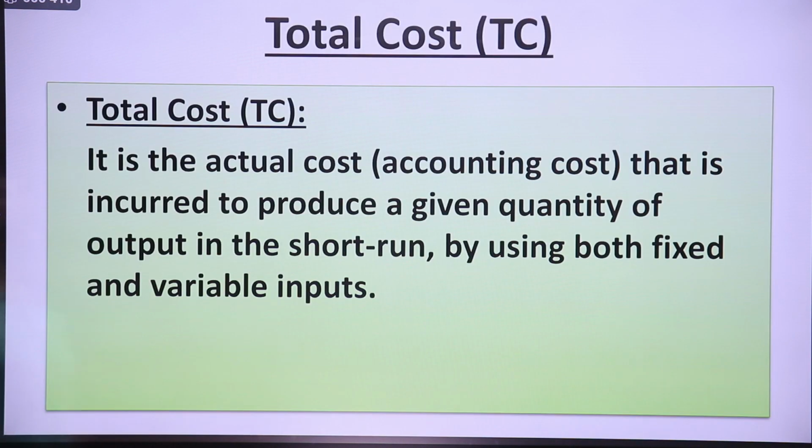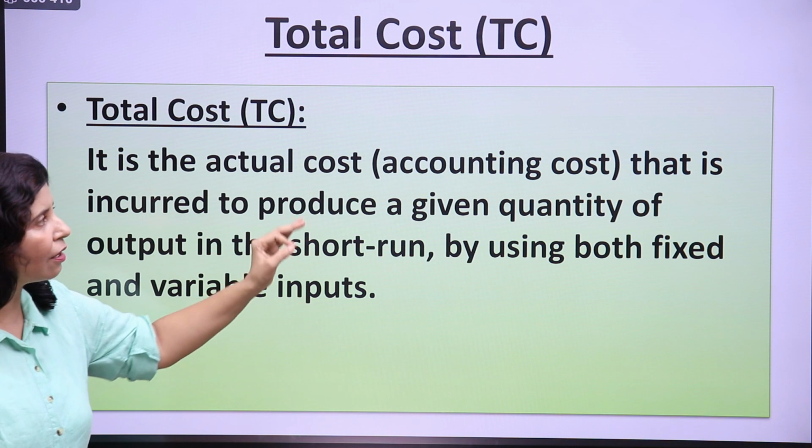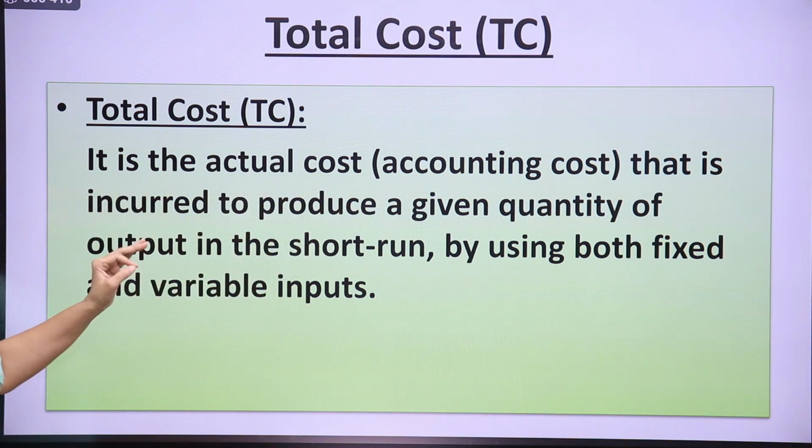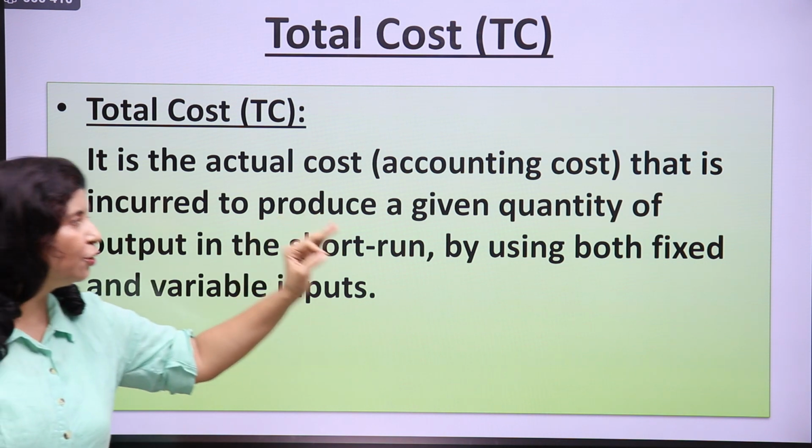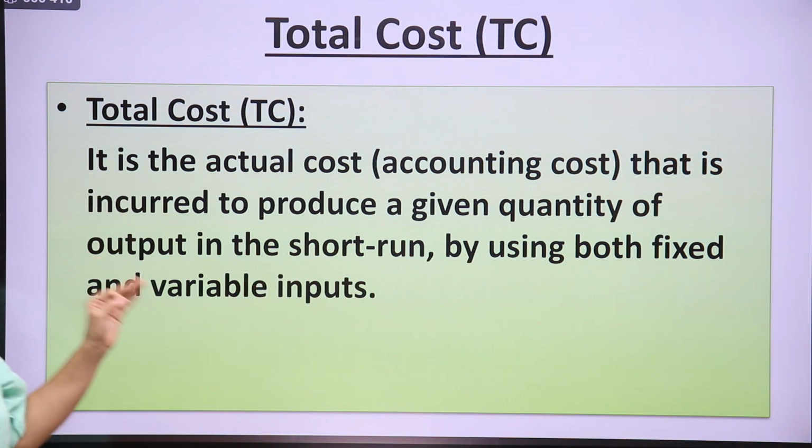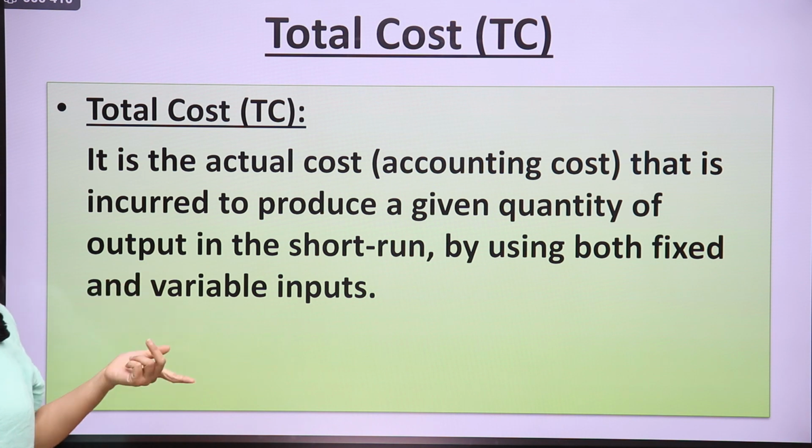Okay, then total cost. Total cost, it is the actual or accounting cost that is incurred to produce a given quantity of output in the short run by using both fixed and variable inputs. In short run, what is total cost?